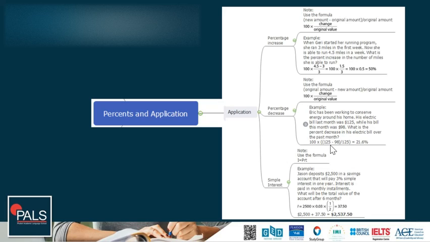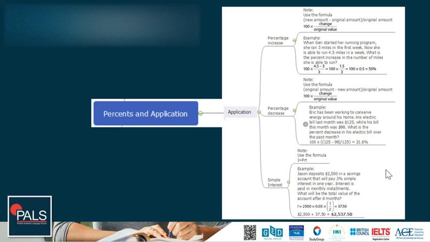So, using the formula, we have 125, which is the original amount, minus the new amount, 98, then the answer divided by 125, times 100, the answer is 21.6%. So the percentage decrease is 21.6%.